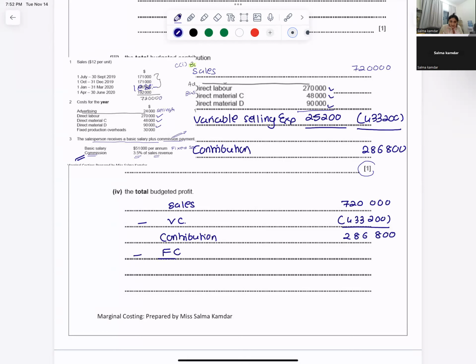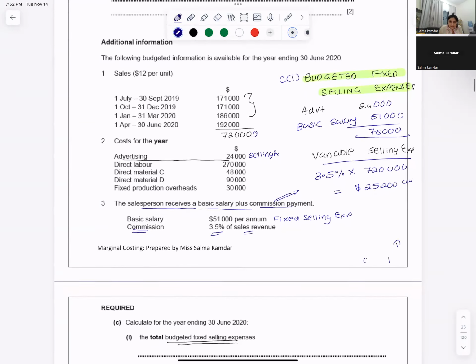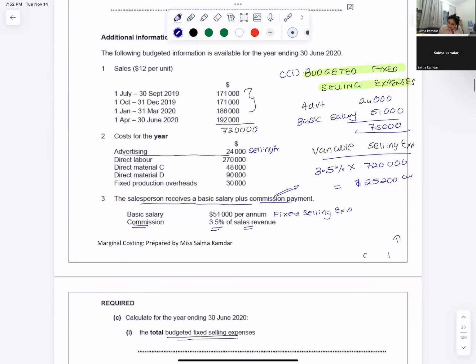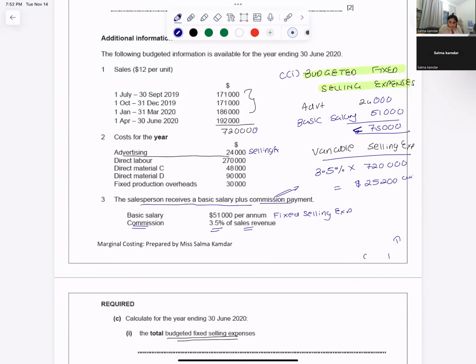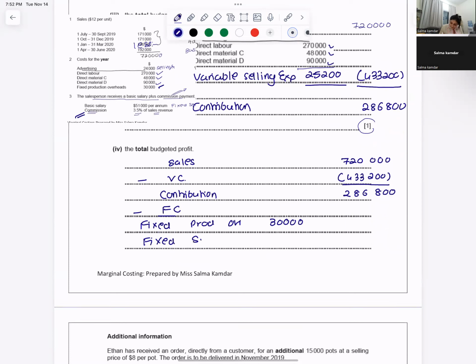When I'm deducting my fixed cost, I have fixed production overhead of 30,000, and I have already calculated the budgeted fixed selling expenses of 75,000. 75,000 plus 30,000, so the fixed expense is 105,000.